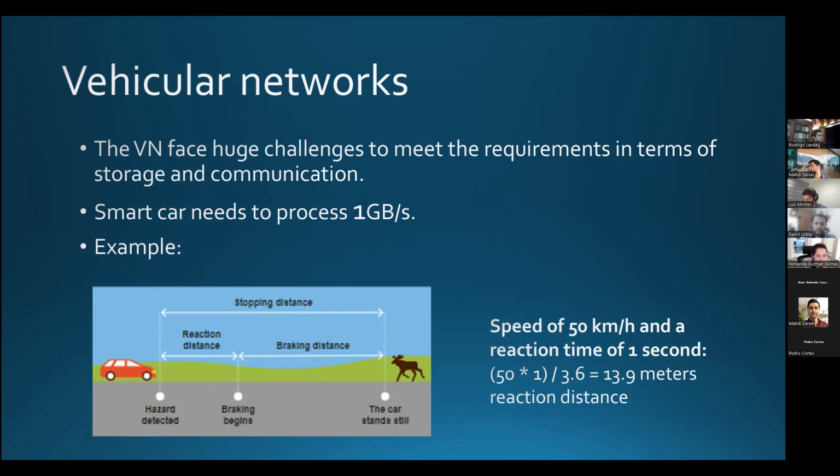For example, if you are driving at 50 kilometers per hour and have an average reaction time of 1 second, you have only 13.9 meters of reaction distance to the hazard.